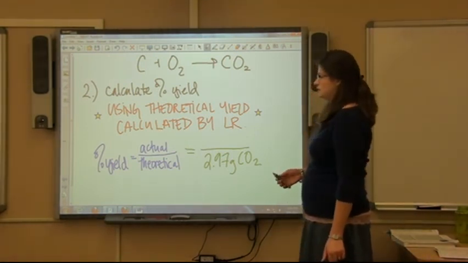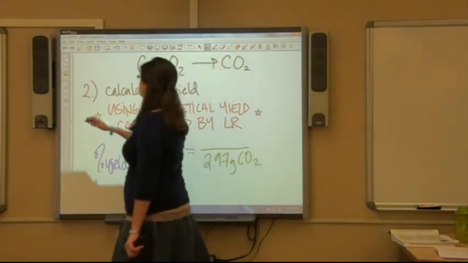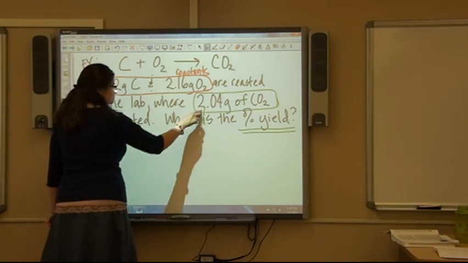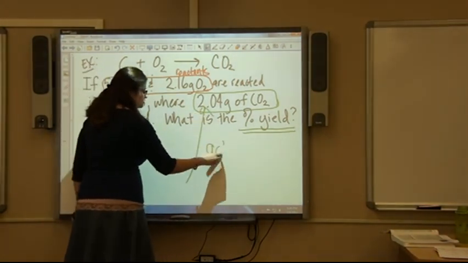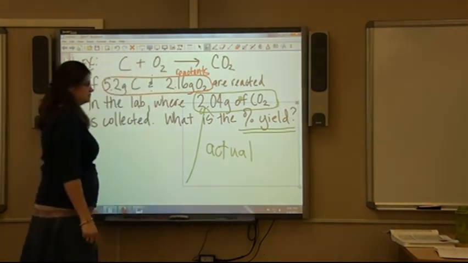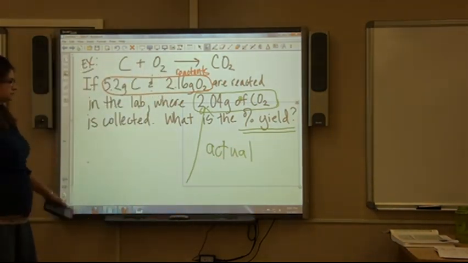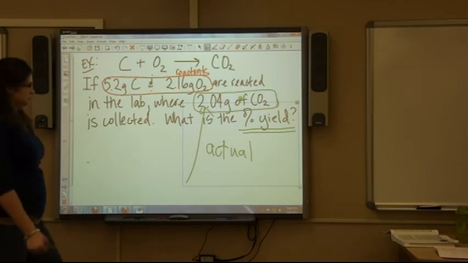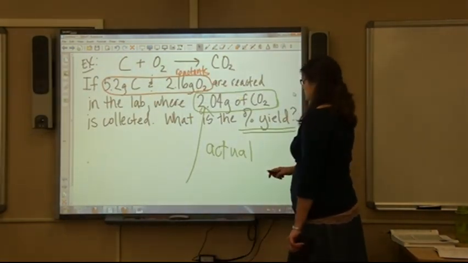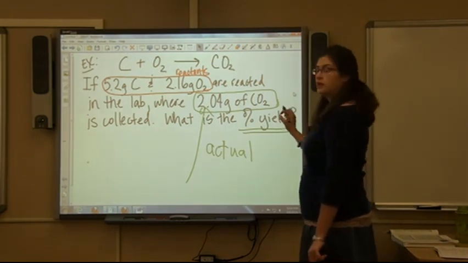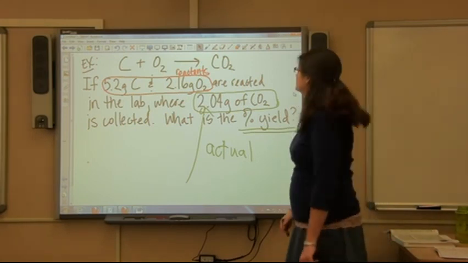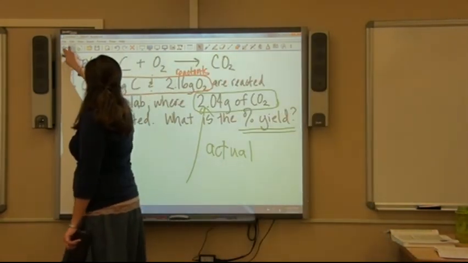Now, where did we get that number for actual yield? This is our actual yield. How do you know that? This is the amount that we are obtaining in the lab. Therefore, that's our actual yield. So that's 2.04 grams.